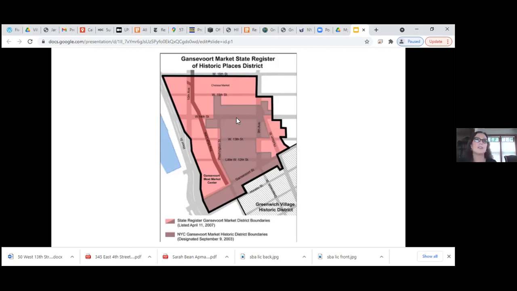And again, for those of you that don't know, New York City does not regulate or oversee buildings that are only listed on the state and national register. They do have to be identified as New York City landmarks. There are communities, I've worked with them, I've worked for them, that will protect state and national register listed properties within their communities. New York City is not one of them.